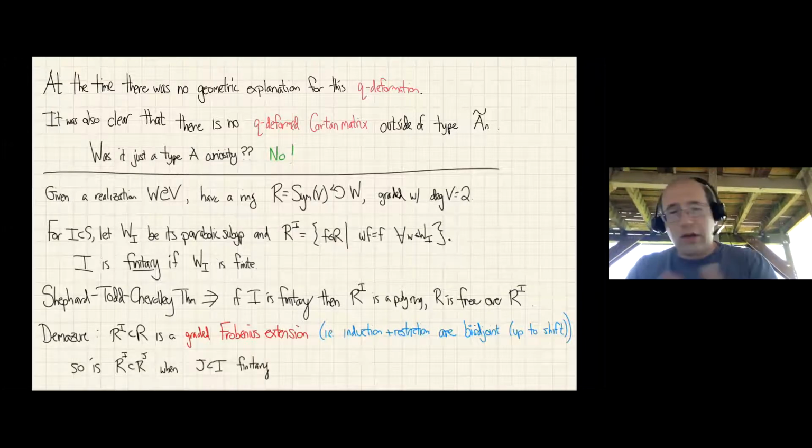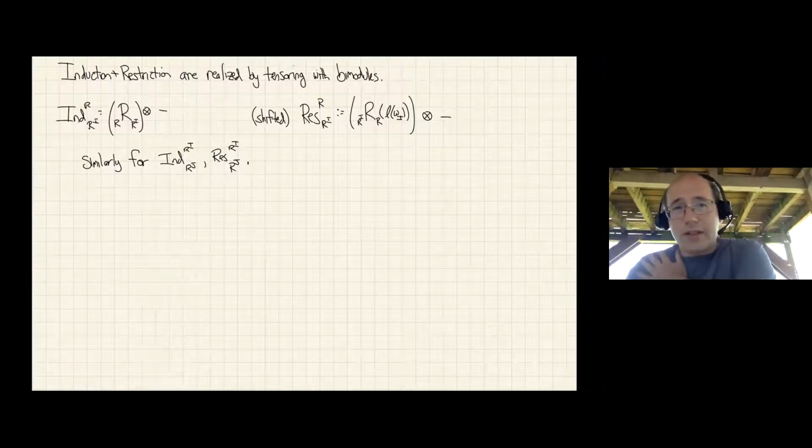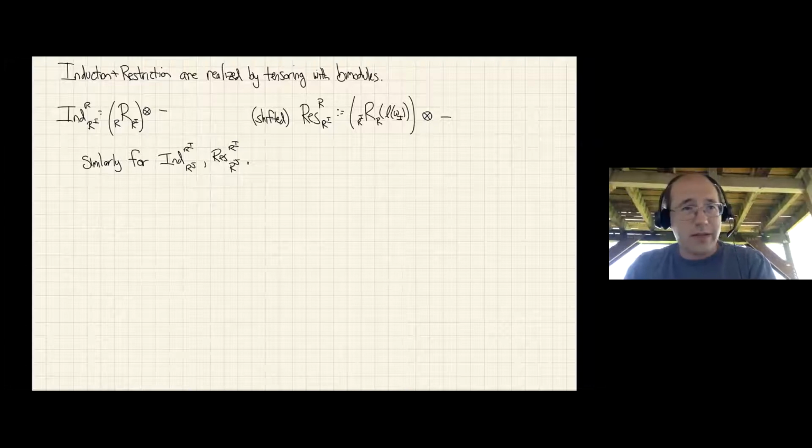And this is also true when you're including invariants under a big group inside invariants under a small group. So these functors of induction and restriction, which are biadjoint to each other, are realized by tensoring with bimodules, as all functors between module categories are.